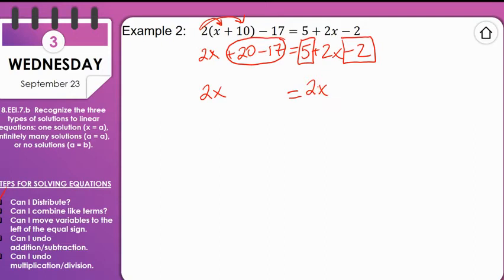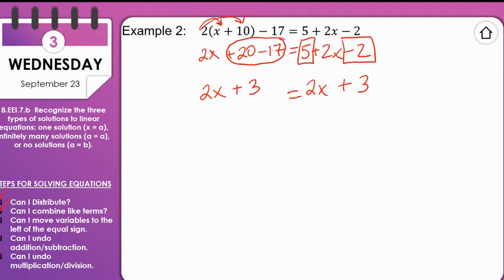Bring down my 2x. 20 minus 17 becomes plus 3. 2x comes down. 5 minus 2 is plus 3. The left and the right are starting to look, again, a bit familiar. What is on the left is equal to what's on the right. I was able to combine like terms.